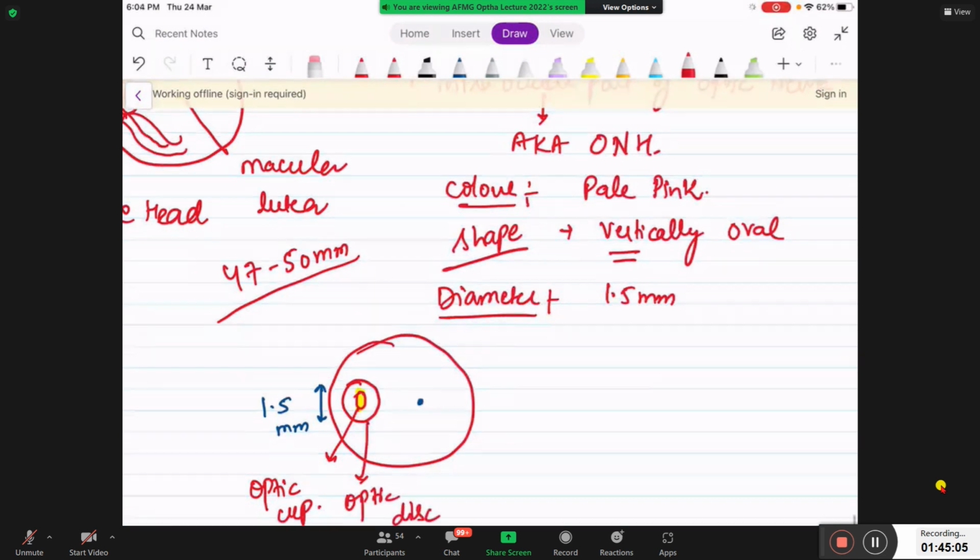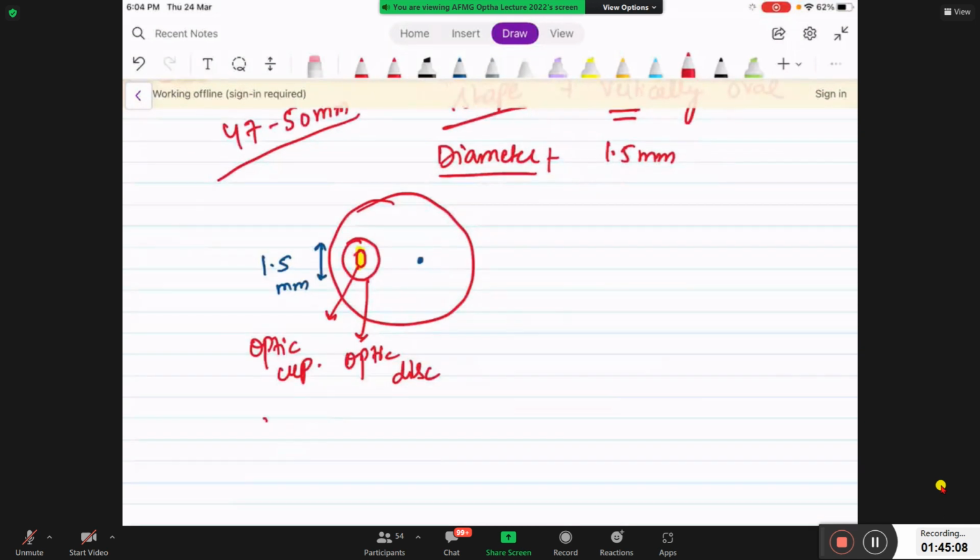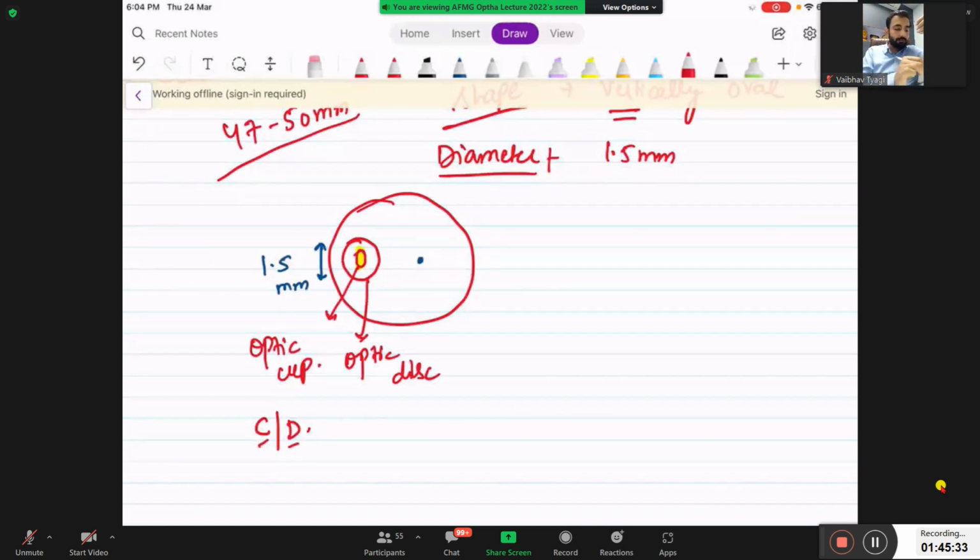Okay. Now, the normal optic cup to disc ratio. If you see the whole optic disc or optic nerve head as this round structure, the central yellow depression is called the optic cup. Now, if you take the fraction, the normal cup to disc ratio, if you consider this disc as 1, then cup is 0.3.